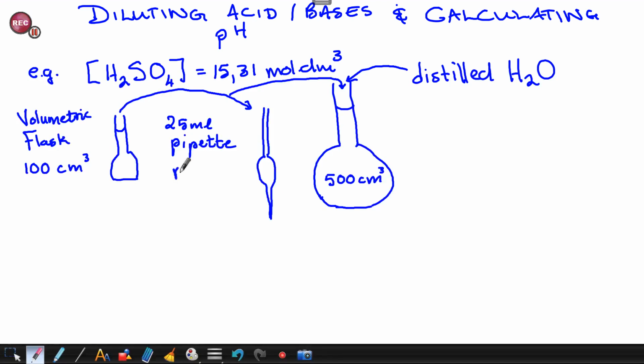How many moles of sulfuric acid am I removing? How many moles of the acid are you removing? Because if you know how many moles you're removing, you know how many moles you are putting in there. That would be the moles that you place in here.